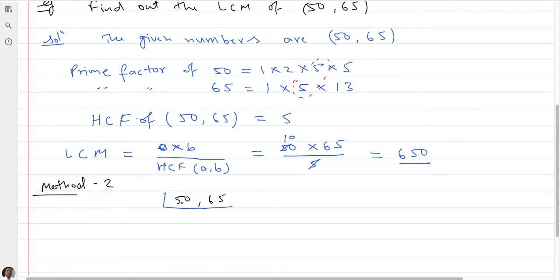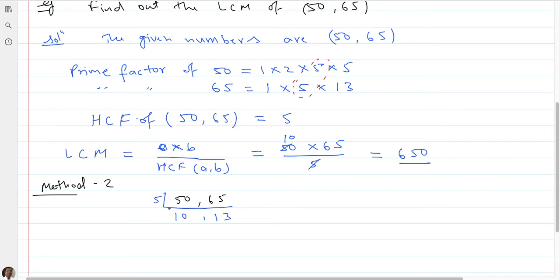50 can be divisible by 5 and 65 also can be divisible by 5. So if we divide 50 by 5, it will come 10, and if we divide 65 by 5, then how much will it come? 13.